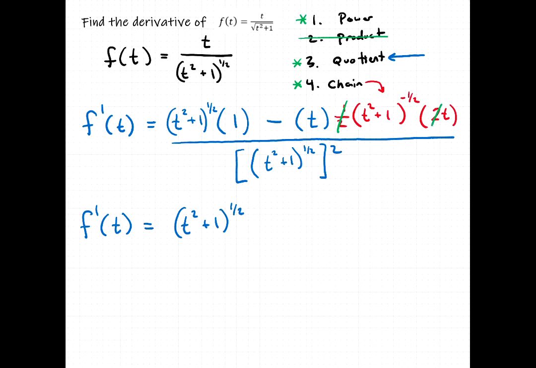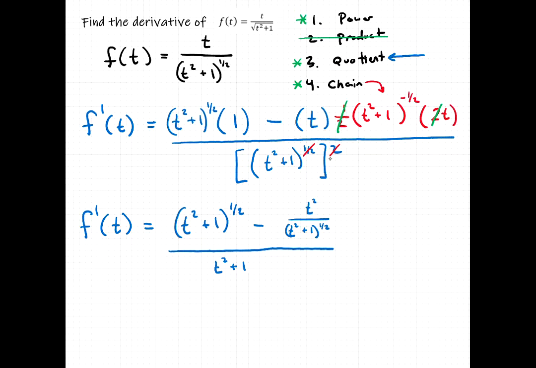So we'll have a minus t squared over t squared plus 1 to the positive 1/2. So we can move this negative 1/2 power to the bottom of the fraction. And then this is all divided by t squared plus 1, because the 1/2 and the 2 cancel.